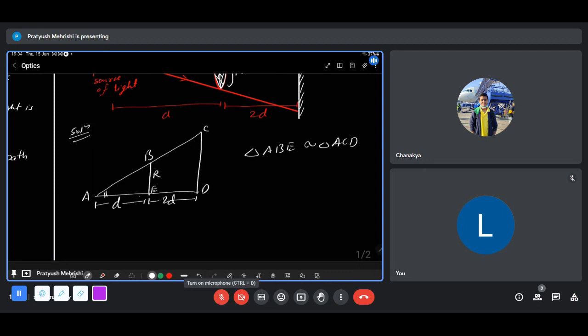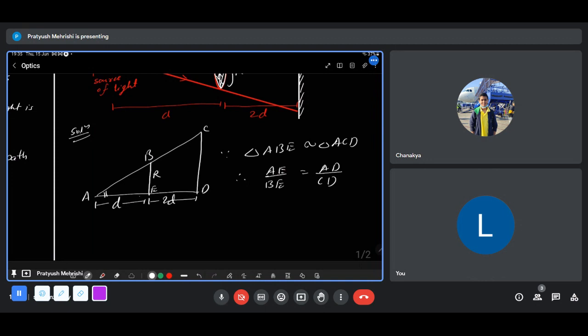The property of similar triangles is that the ratios of the sides will be the same. All sides will be in the same ratio. Therefore, AE upon BE will be equal to AD upon CD.